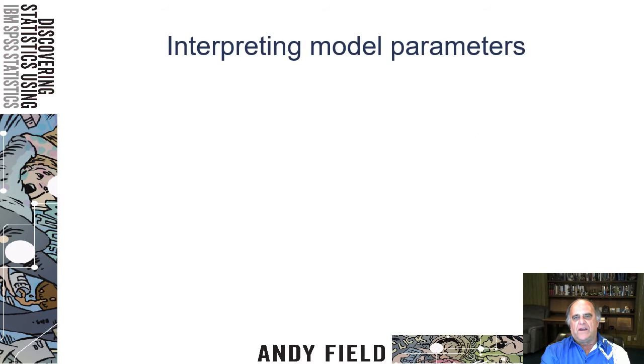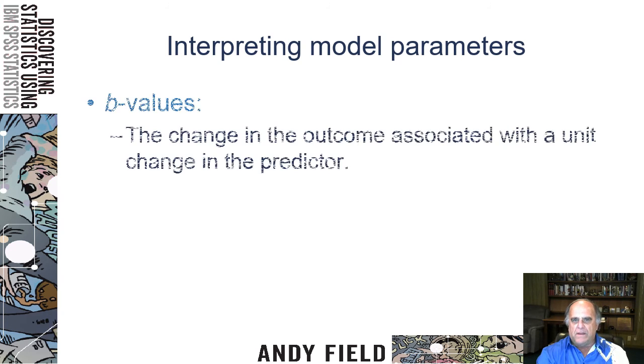Of course, if we look at our model parameters, or our B's in our model, in terms of interpreting them, the unstandardized B values represent the change in the outcome associated with a unit change in the predictor. So if we change the predictor 1 unit, how much of a change would there be in the outcome variable?